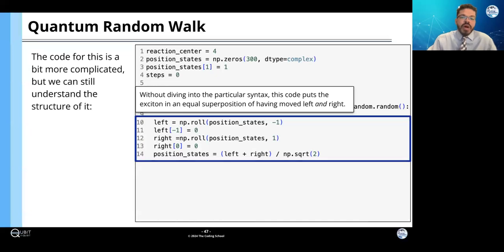This while loop puts the exciton in an equal superposition of having moved left and right at the same time. So wherever it is, we take all those probabilities and move them left and right at the same time.